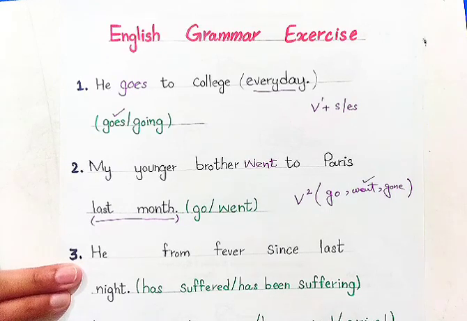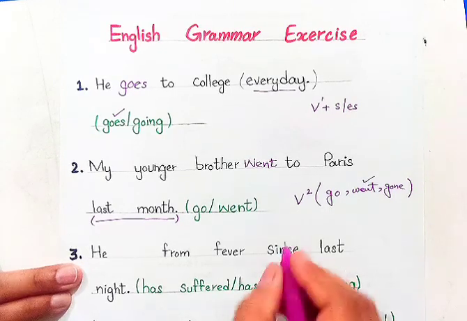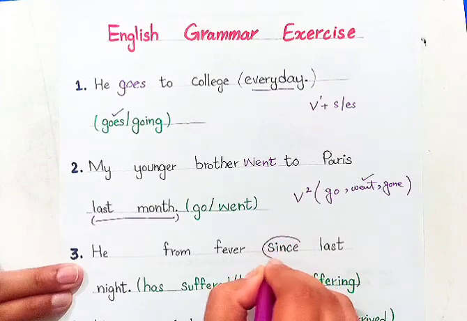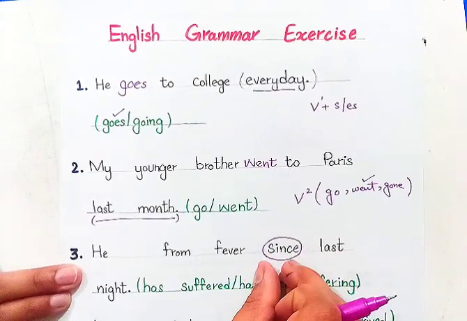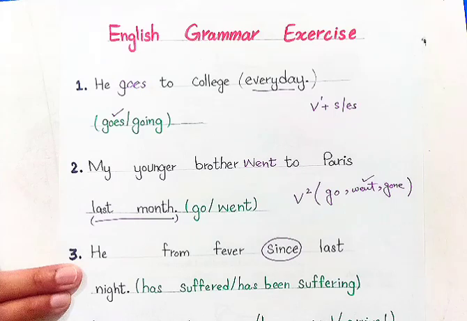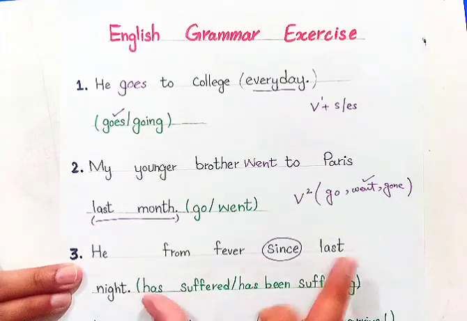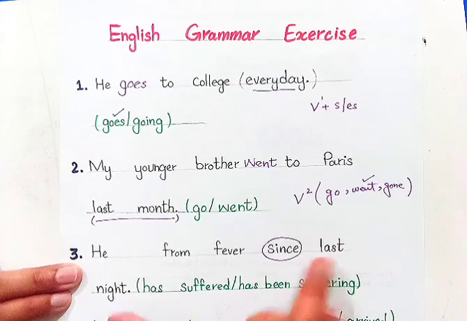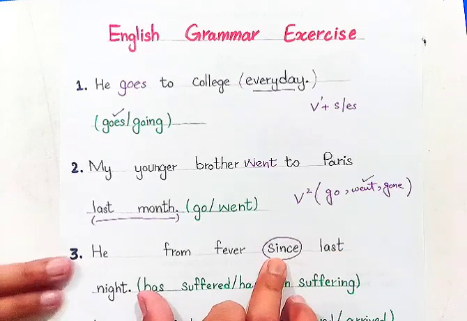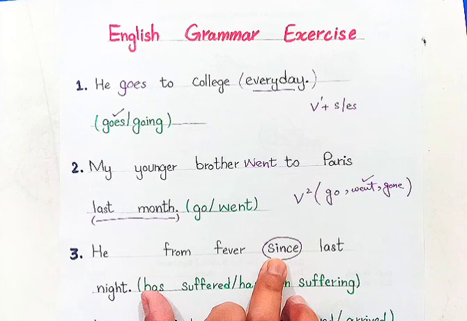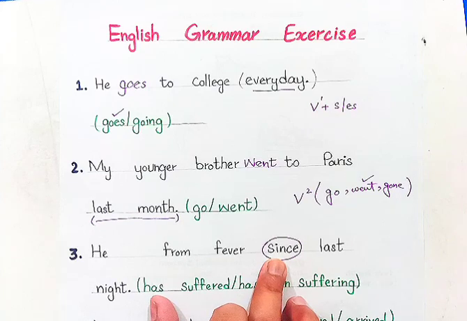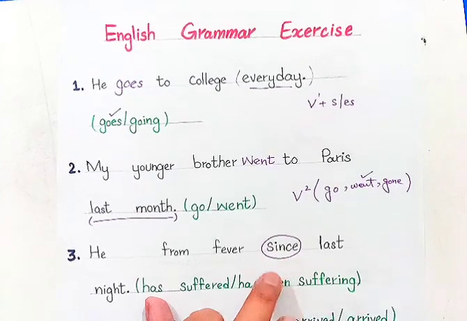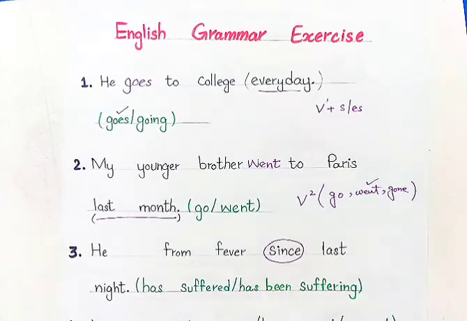First of all, the key point is that whenever in any sentence we are talking about time and use since or for, it means that the sentence is perfect continuous. It can be present perfect continuous, past perfect continuous, or future perfect continuous.